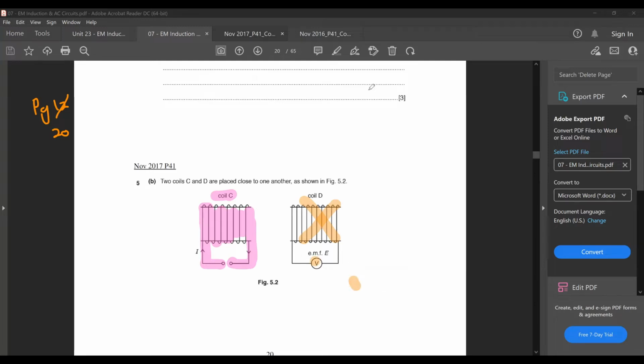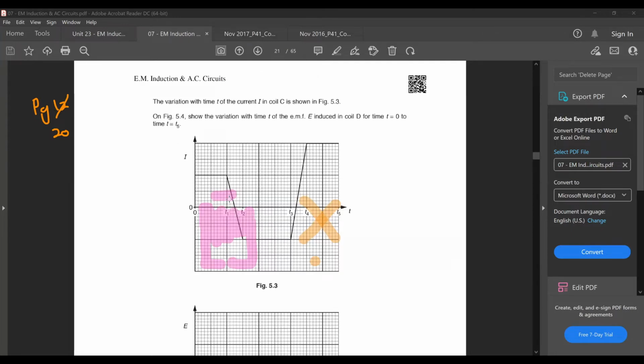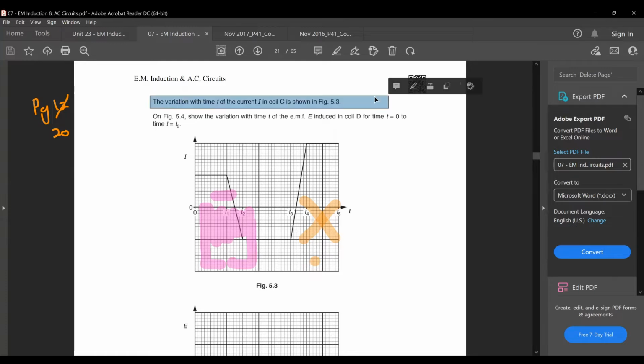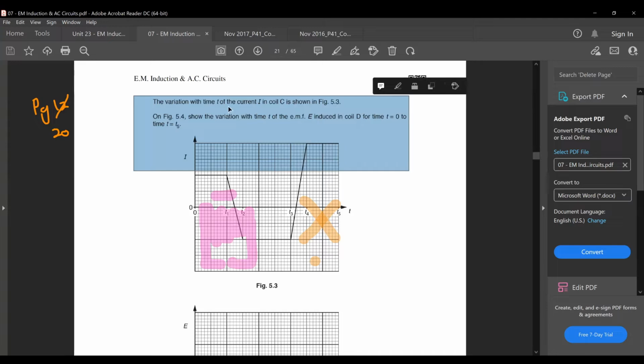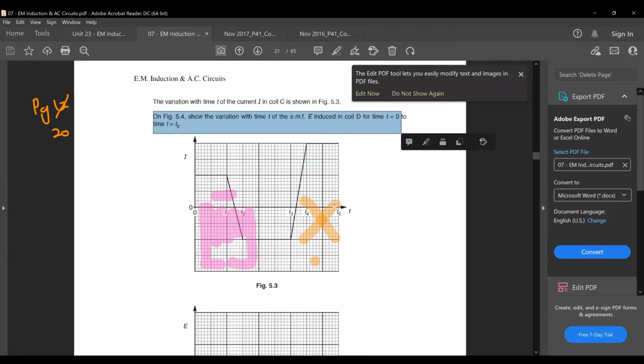All right. So here they're telling you that the variation with time t of the current I in the coil C is as shown in figure 5.3. They're varying the current inside the coil. Then on figure 5.4, show the variation with time of the EMF E induced in coil D for time 0 to T5.